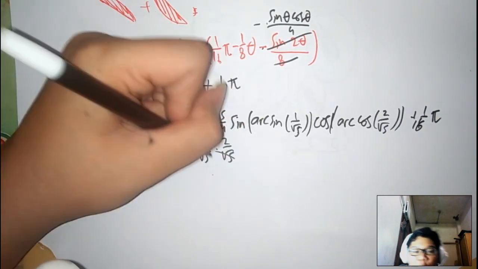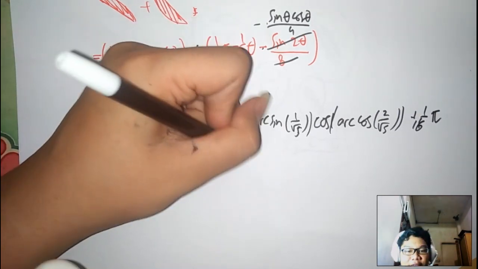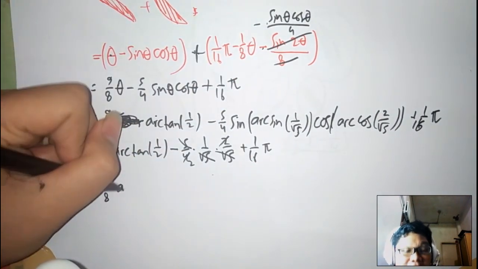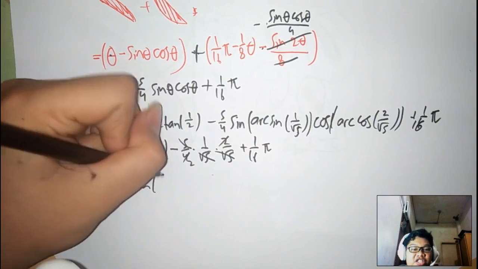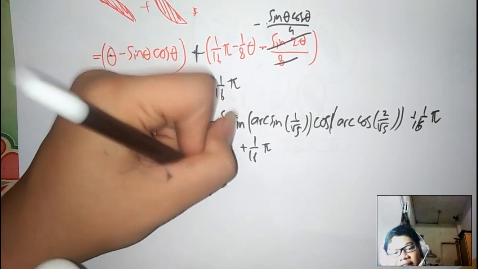It will be equal to 1 over square root of 5 times cos, and the cos of arccos of 2 over square root of 5 is equal to 2 over square root of 5, and square root of 5 times square root of 5 is 5, and it eliminates the upper 5. It will be equal to half. Okay, so we write down again 7 over 8 arctangent of a half minus half plus a 16th pi.